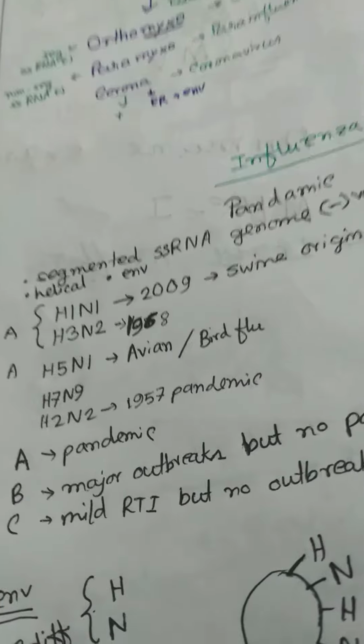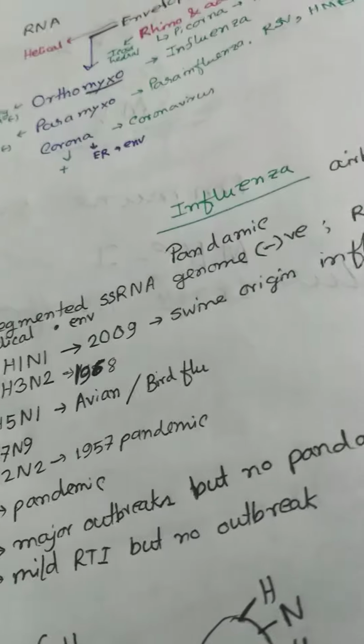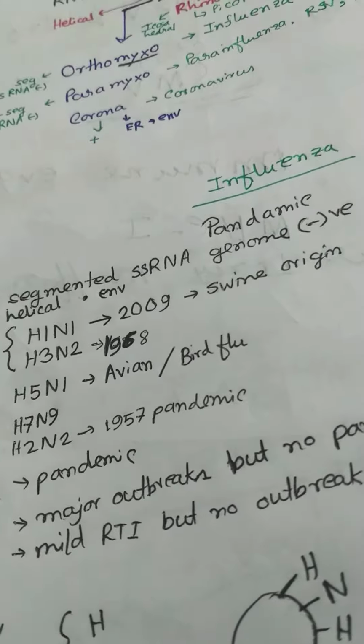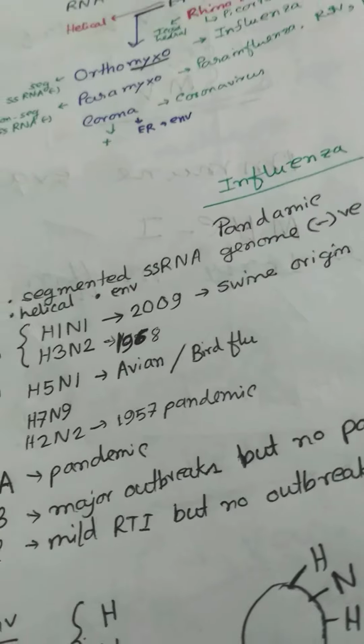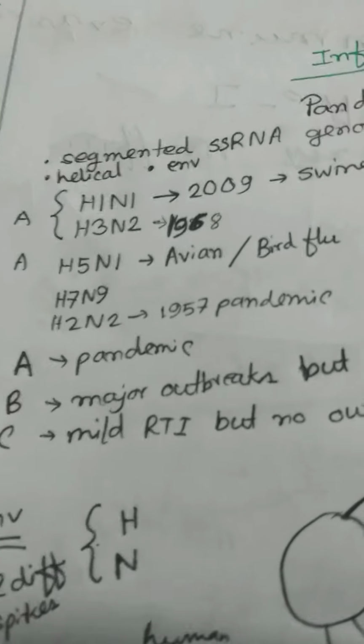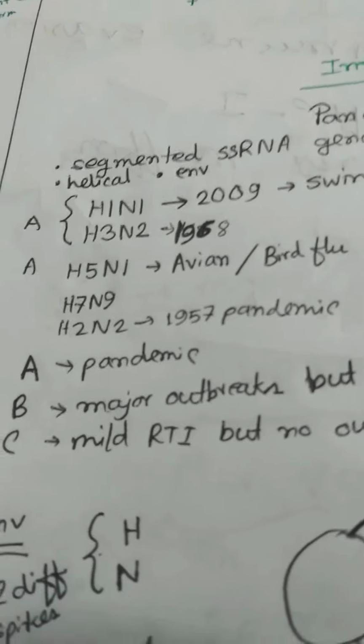These are the three groups A, B, and C. There are also antigenic types depending on the hemagglutinin and neuraminidase glycoproteins on the envelope.